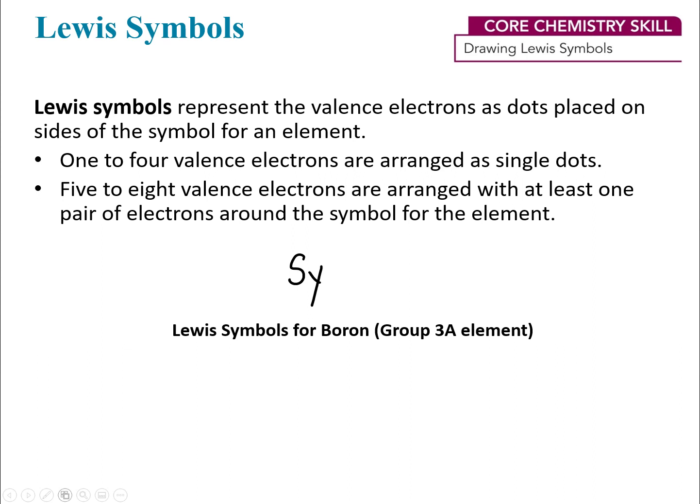If I have anywhere from 1 to 4 valence electrons, I just place it on a side. So that's an element with 4 valence electrons. If you have 5 to 8, which you can never have more than 8, then you go back around and you fill them in. You never pair up electrons unless you have to.